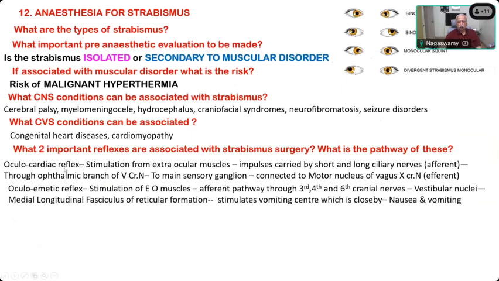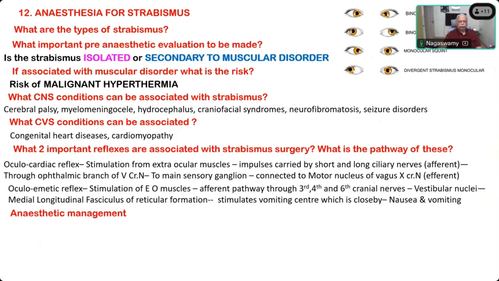So for the oculocardiac reflex, it is the trigeminal and vagus. For oculoemetic, it is 3, 4, 6 cranial nerves and vomiting center stimulation. There is a different pathway. This is what you have to remember.